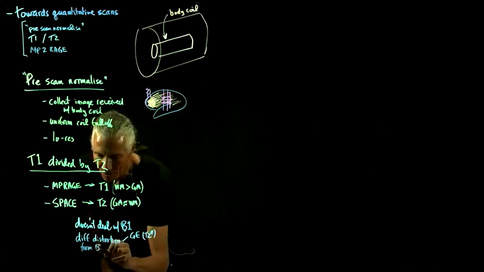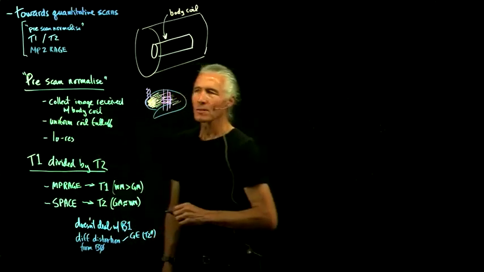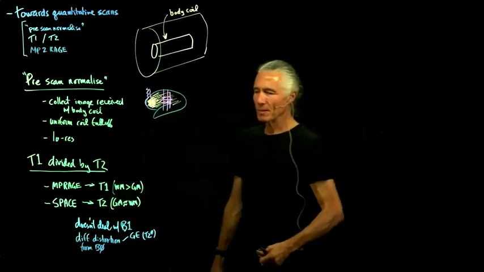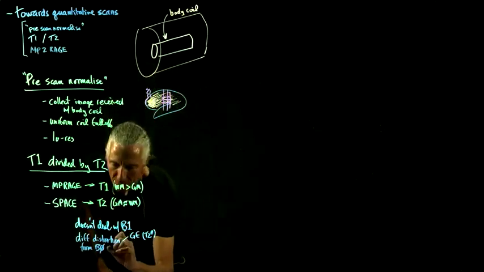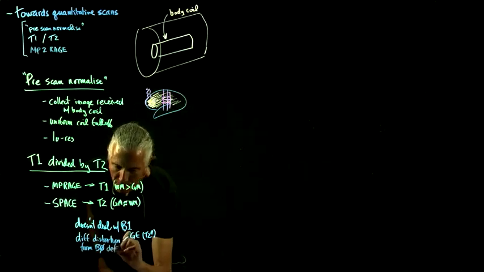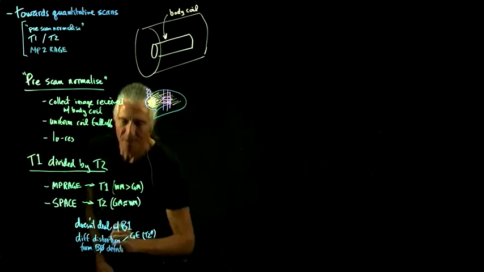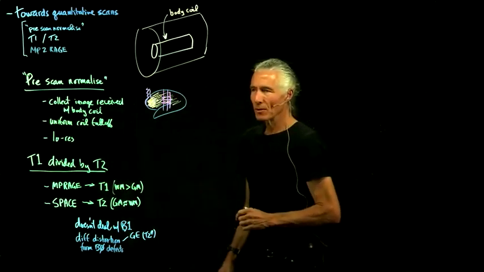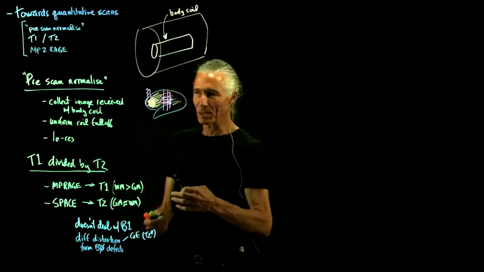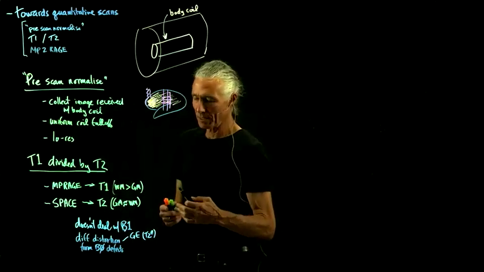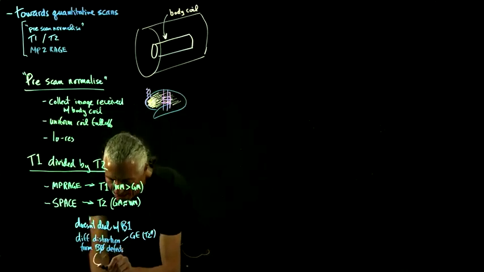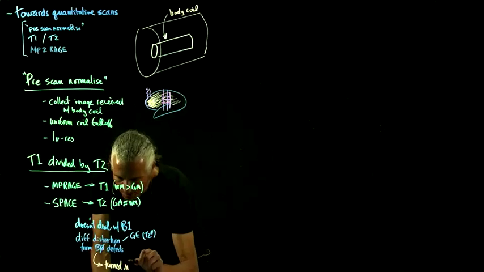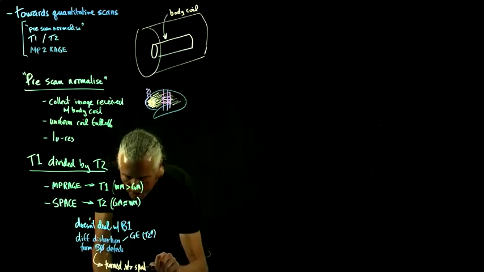This one was the B1 from the RF transmit, but the B0 is a static distortion from B0 defects, so different parts of the brain are going to have slightly different B0s, and those will be translated into spatial distortions. So remember, the relevance of this is that it's turned into spatial distortion.